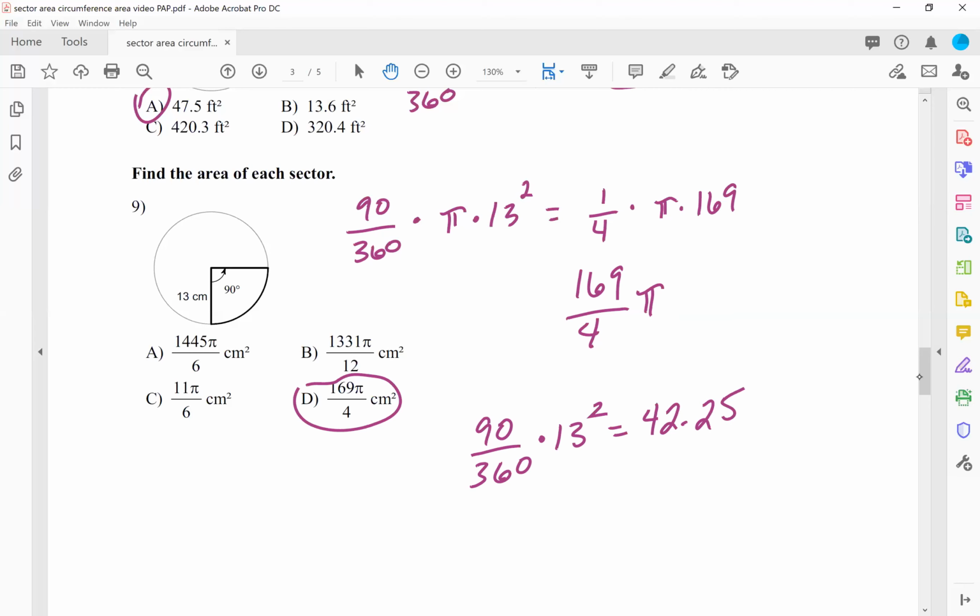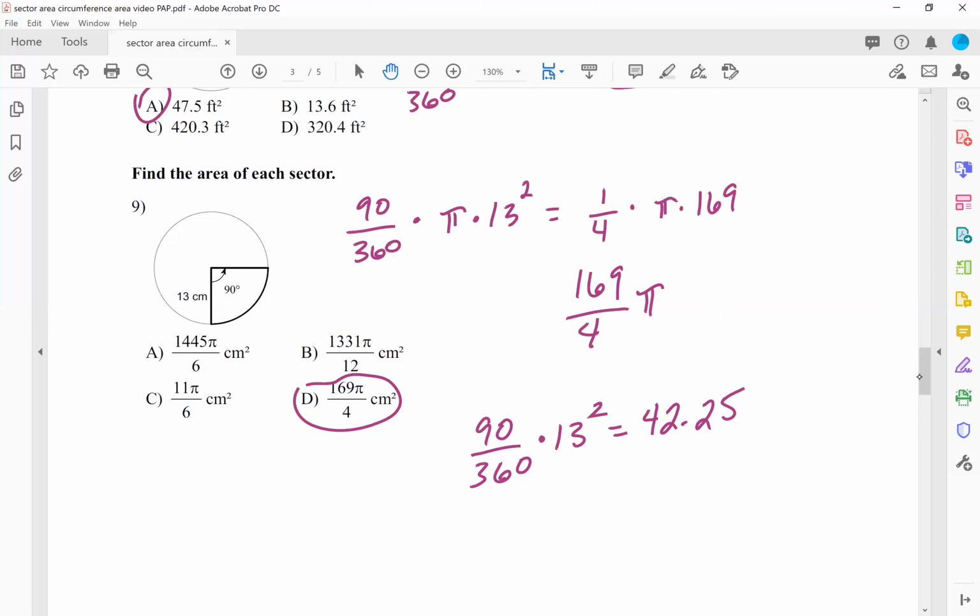Notice I put in everything except for pi. If your answer has pi in it, you have to leave pi out of the calculator. You can only have 1 pi. 2 pi is too much for everybody. So only 1 pi. It either goes in the calculator or it goes in your answer. It can't go in both. So I put everything except for pi in the calculator, and I get 42.25.